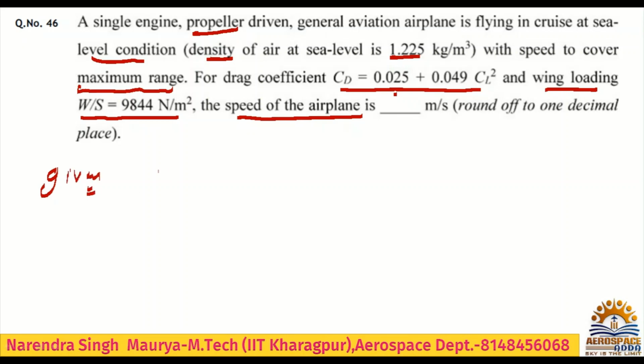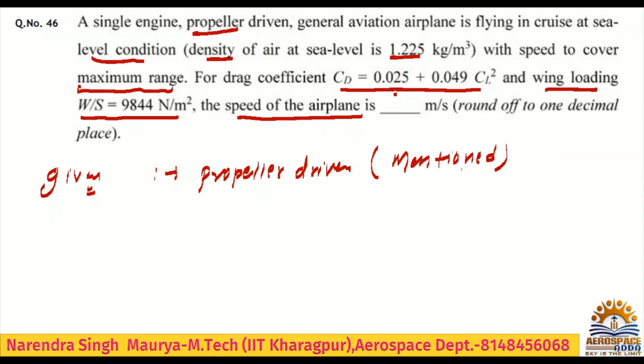So given data, very important, it is mentioned it is propeller. It is mentioned in the problem. Always remember. And given data is density at sea level, so rho naught 1.225 kg per meter cube, with speed to cover maximum range.